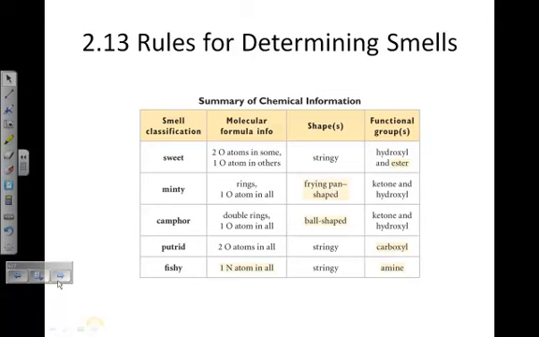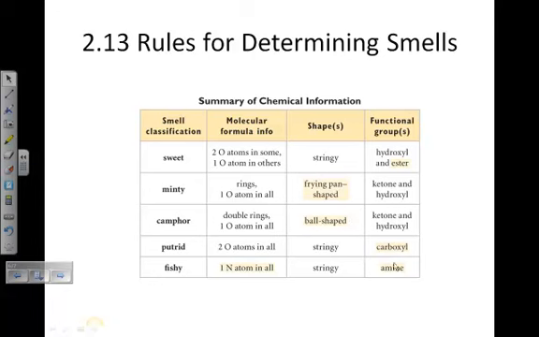So, rules for determining smells, excuse me, not cells. In summary, sweet smells have a tendency to have 2 or 1 oxygens. It's stringy. It has a tendency to have an ester group for sure. Minty smells typically have rings. Fry pan shapes are typical. Camphor, or that pine scent, has a tendency to be ball-shaped.